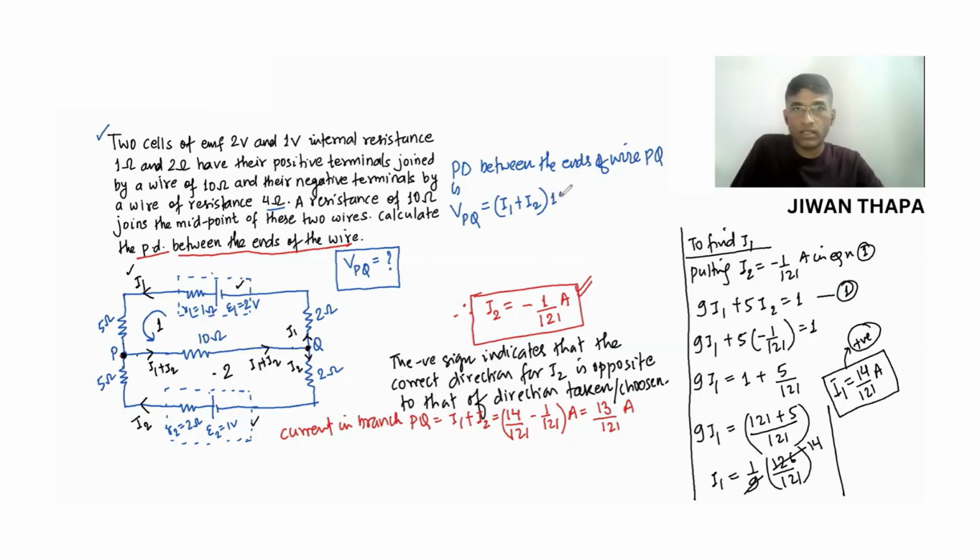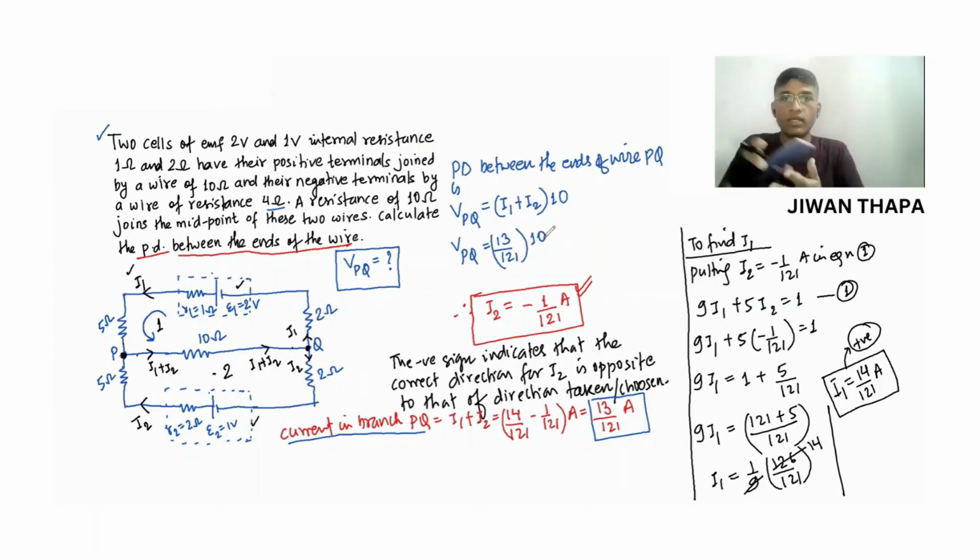We can see current in the branch PQ is 13 by 121 ampere. So 13 by 121 times 10. Let's find this.